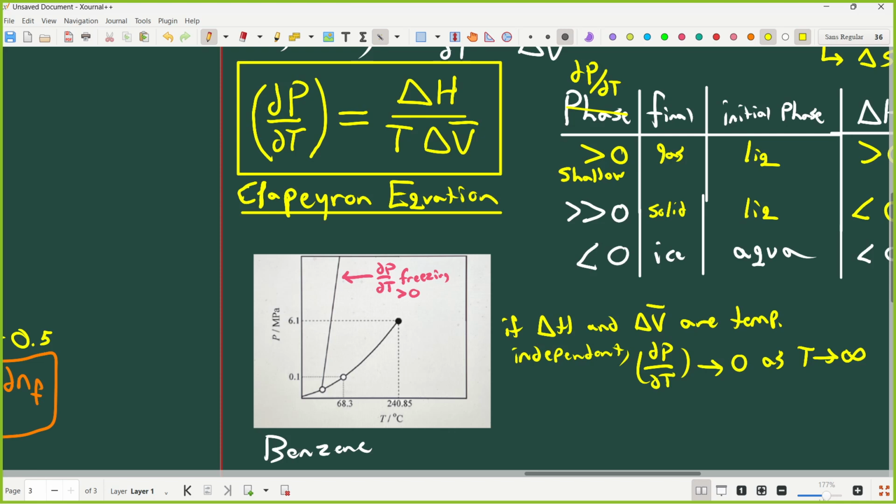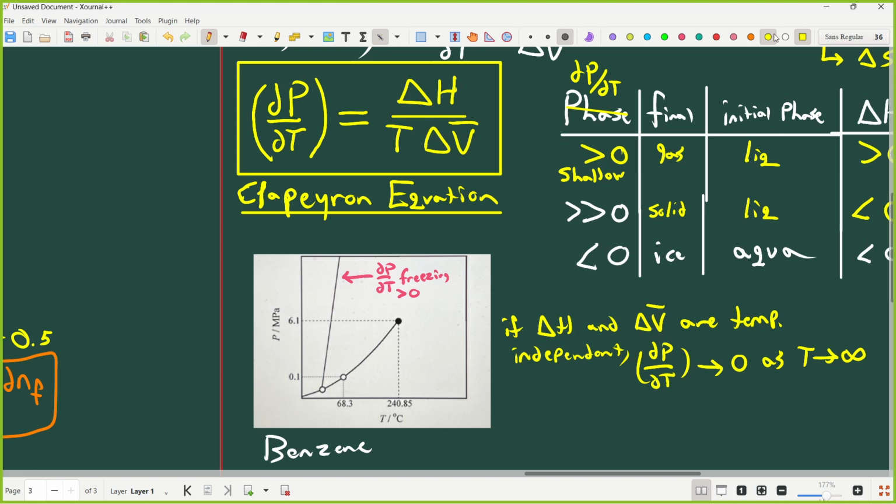Right, and so this is also proof that enthalpy and volume are temperature dependent quantities, right? The density of liquid water and the density of gas change as a function of temperature, right? And so does delta H, as we saw.